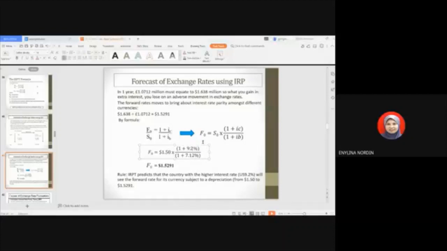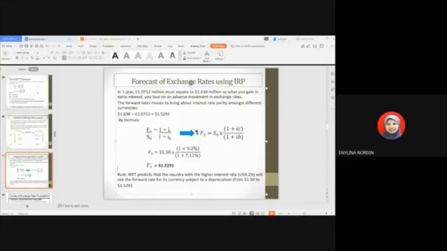This is the interest rate in the foreign currency, which is in the US. And this is the interest rate in the base currency, which is in the UK, 7.12%. Then you will get the forward rate of 1.5291. So under IRPT, it is predicted that the country with the higher interest rate, which is 9.2%, will see the forward rate for its currency subject to a depreciation.